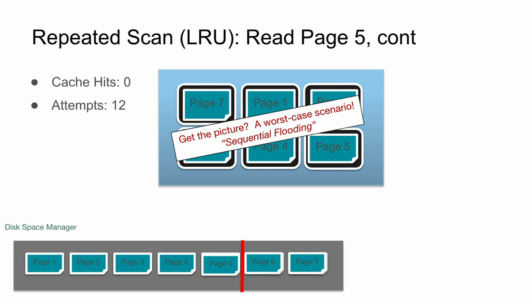Okay. This is called sequential flooding. This is exactly why LRU is not always the best case. Give me a thumbs up if you understand why LRU might break sometimes. Okay.